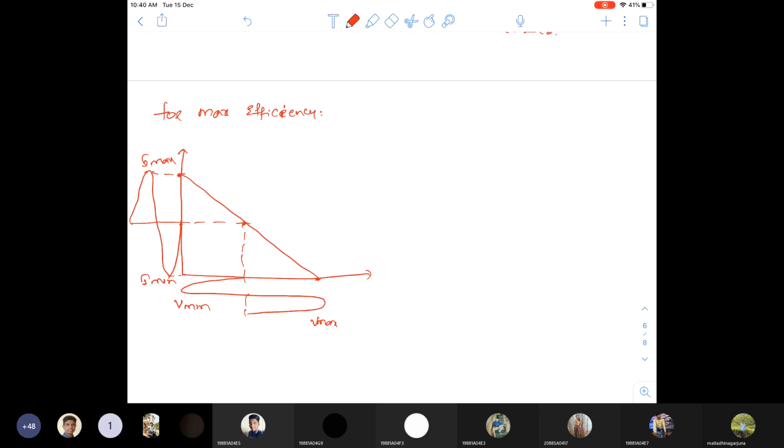This is VCE, IC, just extending the swings. So for maximum efficiency we extend the swings.